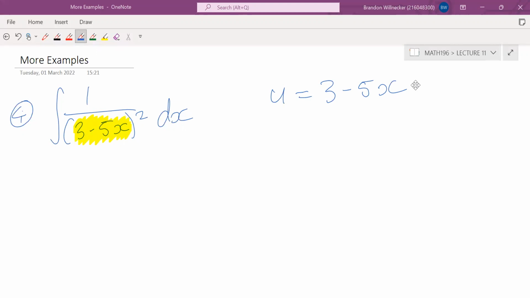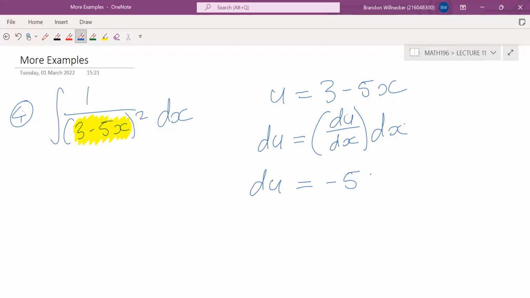So let's do that. How do we find du? du is equal to du by dx dx. So du is equal to the derivative of u with respect to x. That's going to be minus 5. And then don't forget the dx.